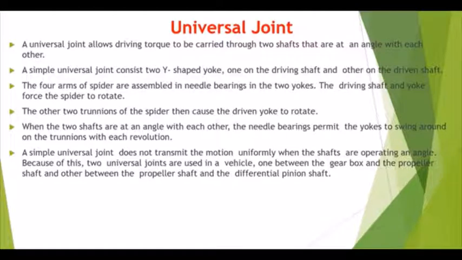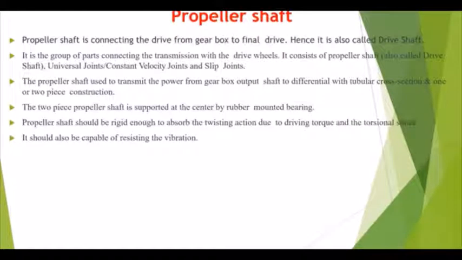However, the overall speed of the driven shaft remains the same as that of the driving shaft. Generally the speed ratio will be 1:1. So that is about your universal joint.